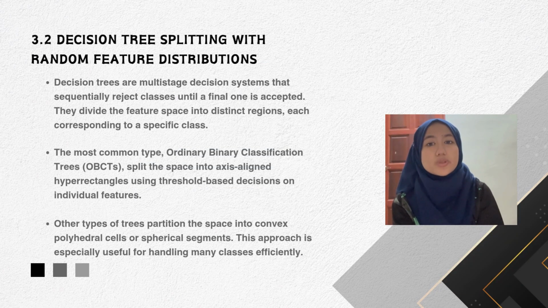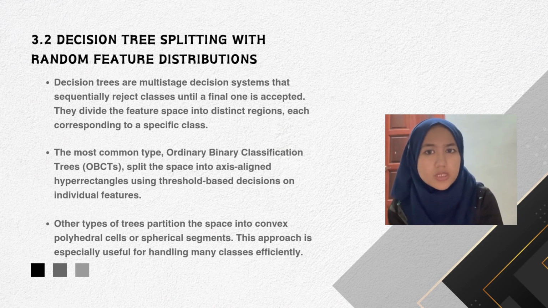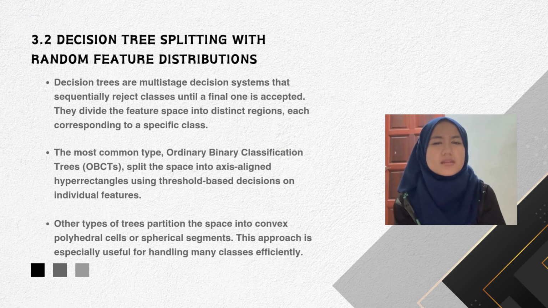Next, we go to decision tree splitting with random feature distribution. Decision trees are multi-stage decision systems that sequentially reject classes until a final one is accepted. They divide the feature space into distinct regions, each corresponding to a specific class.